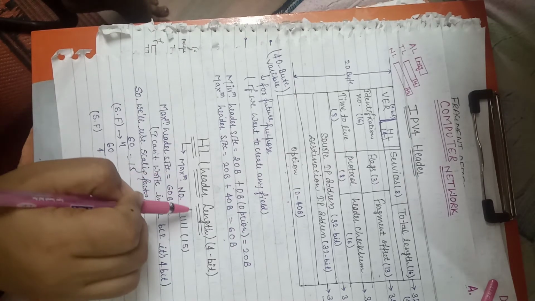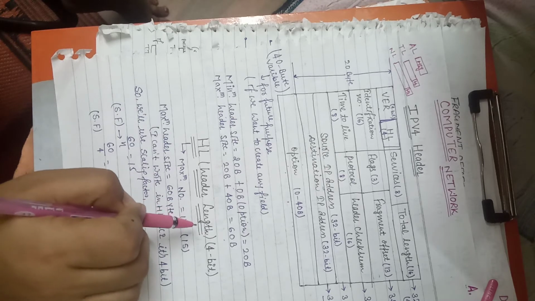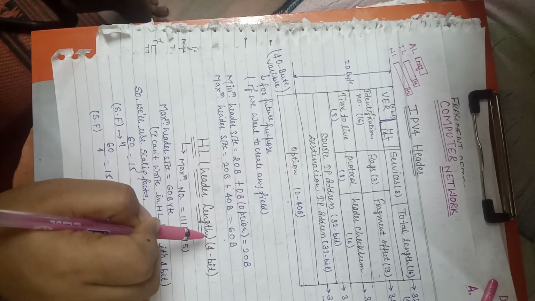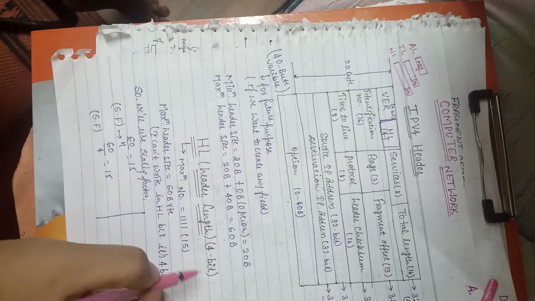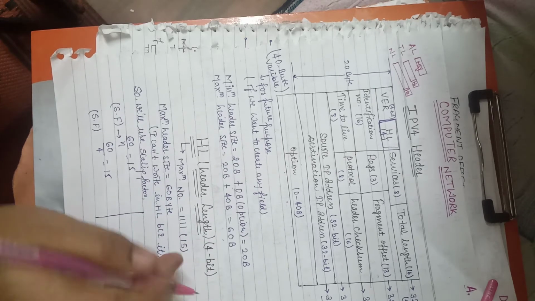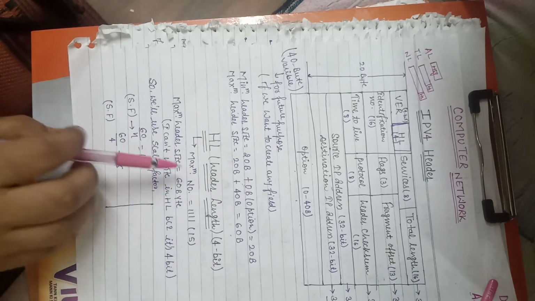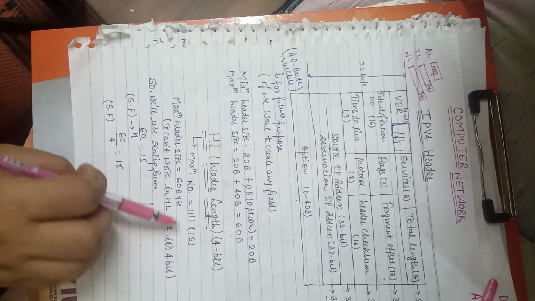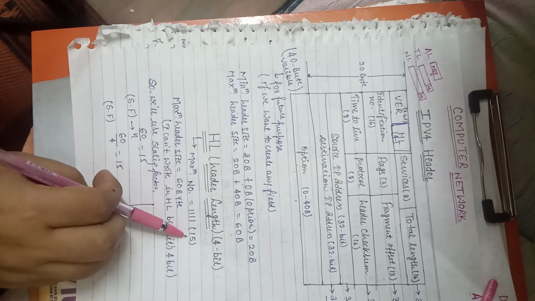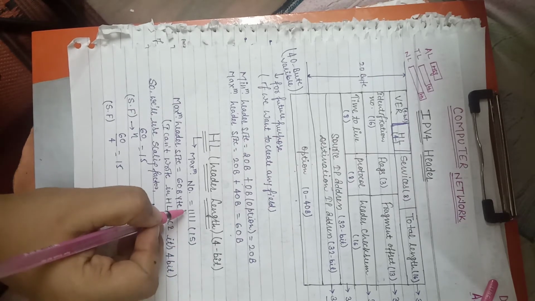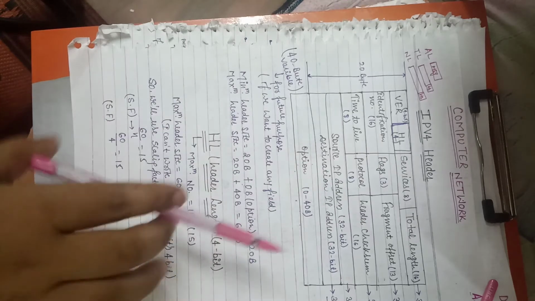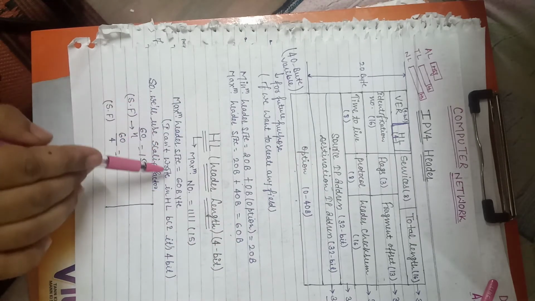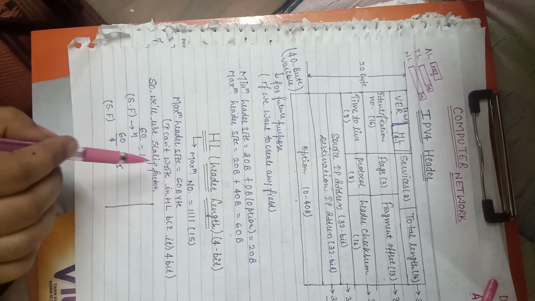Now we are going down. We are going to study about header length. The header length is 4 bit. What is the maximum header length? The maximum number is 15, and the maximum header size is 60 byte.